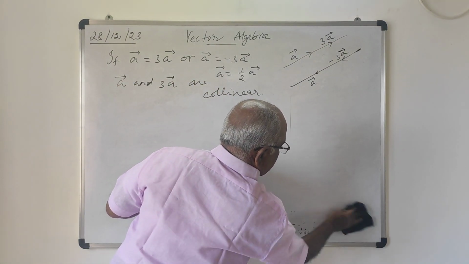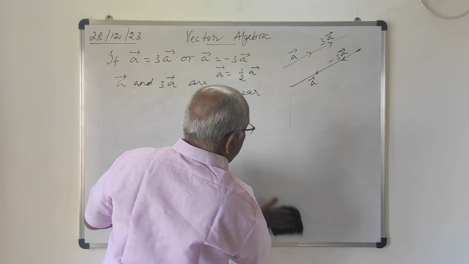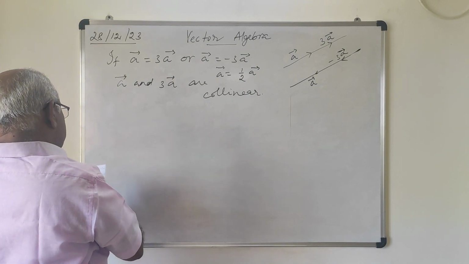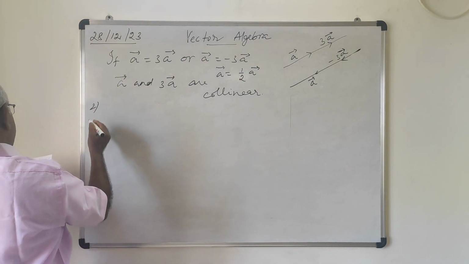In the exercise, they have given you two vectors and they want you to check whether the two vectors are collinear. Consider this problem.